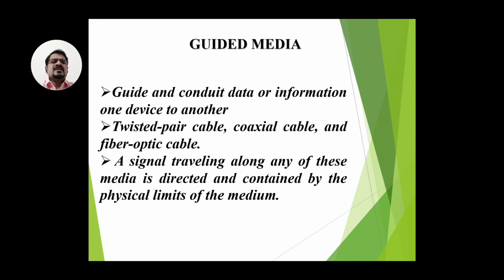A signal traveling along any of these media, be it twisted pair, coaxial, or fiber optic cable, is directed and contained by the physical limits of the medium, because each medium has its own limitations as well as its own characteristics. Based on that only, the signal can travel from one device to another device.